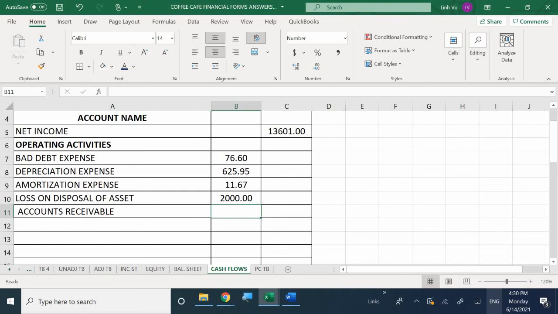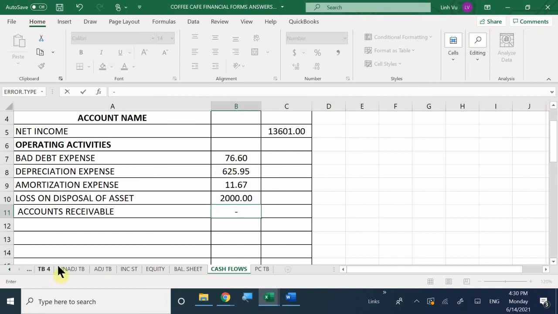So all of these sales, or my net income, a portion of that money is money I never received. So I need to subtract it out, because that's money in my net income I never received. A portion of my sales were things I claimed I earned but never actually received the physical cash for, so I need to subtract the money because I never had it in the first place.